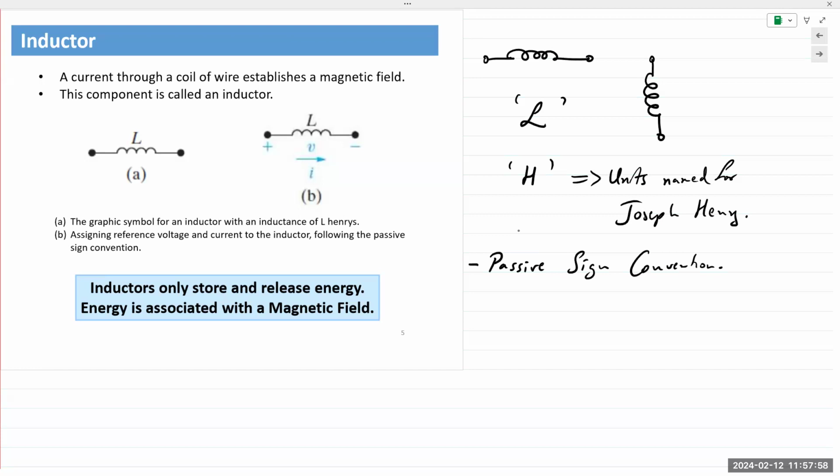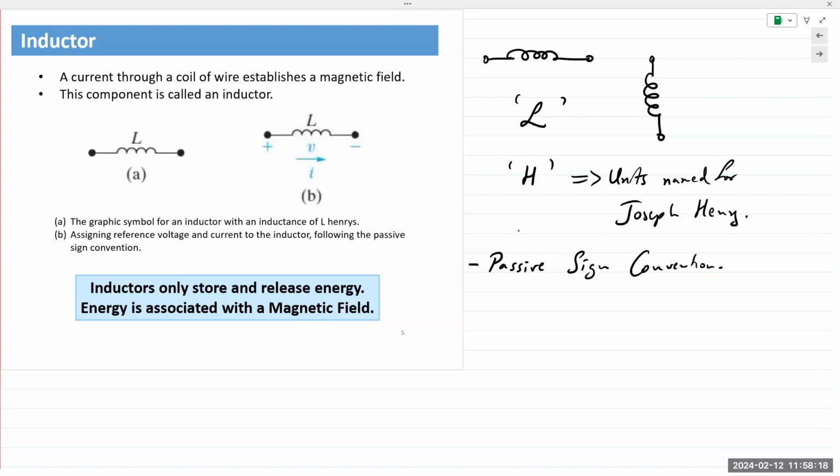Okay. So 1 Henry of inductance is defined as the level of inductance that will cause 1 volt to appear across its terminals due to every change of current in the amount of 1 ampere per second.